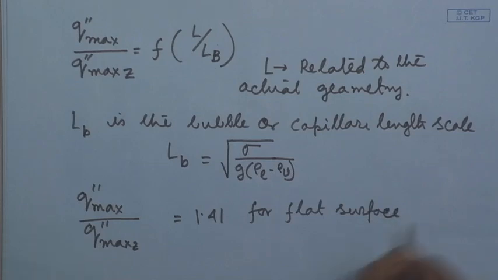Here I would like to say that the theory which we have just now derived was proposed by Zuber, but it was marginally modified by Lienhard and Dhir. So, that is why for a flat surface there is a difference between what is proposed by Zuber and what is modified by Lienhard and Dhir, and this difference is given by this number 1.41.